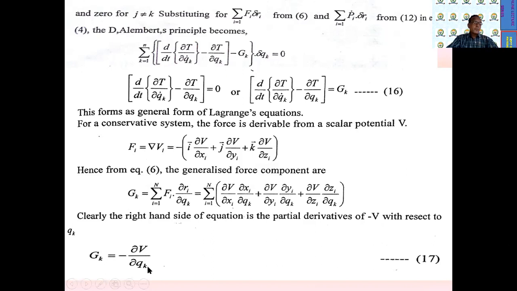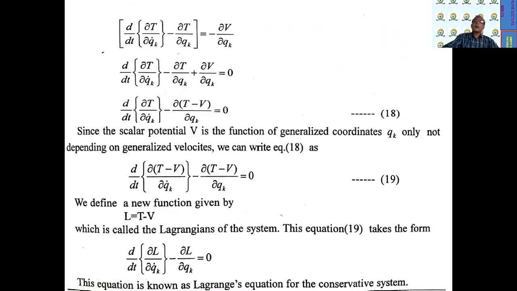Therefore the equation above may be written as d/dt of ∂T/∂qk dot minus ∂T/∂qk should be equal to minus ∂V/∂qk. It may be simplified by taking this quantity to the left hand side, and therefore d/dt of ∂(T minus V)/∂qk dot minus ∂(T minus V)/∂qk is equal to 0.